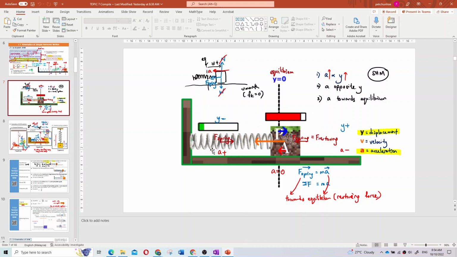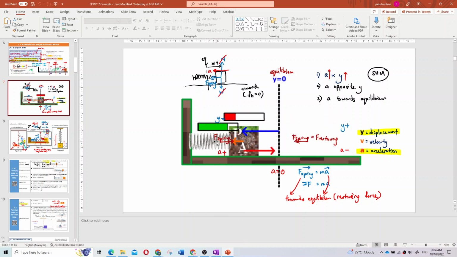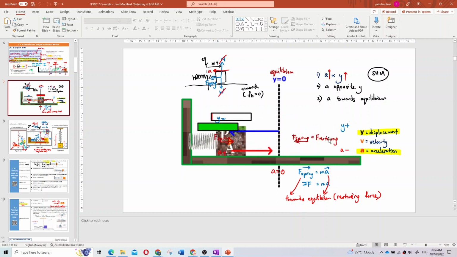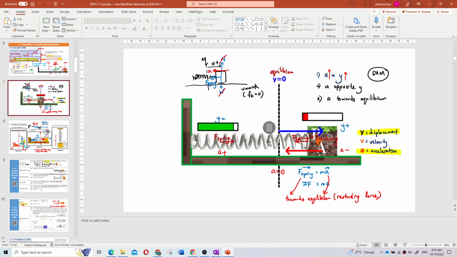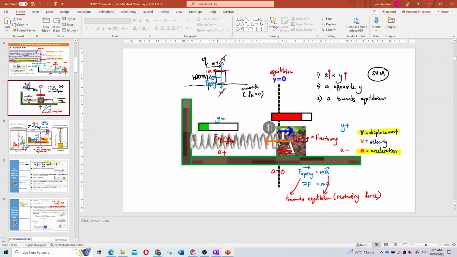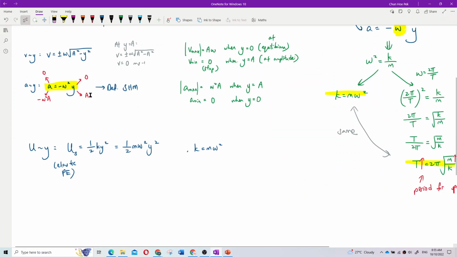Good. So again, elastic potential energy is maximum at maximum compression and maximum extension. That means at amplitude. But elastic potential energy is 0 at equilibrium because no extension, no compression. Good. So that's the concept.